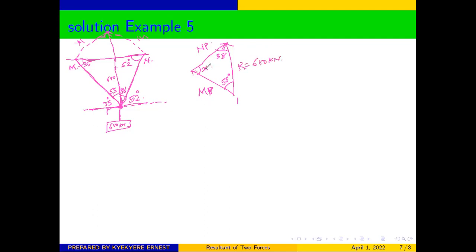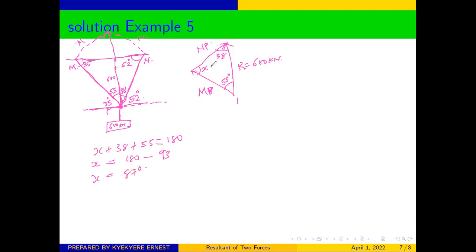So from here, we can find our X. We know that the sum of angles in a triangle is equal to 180. So X plus 38 plus 55 should be equal to 180. Now X will be equal to 180 minus 93, and then our X will be equal to 87 degrees.